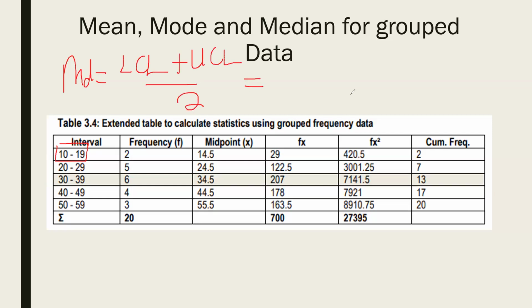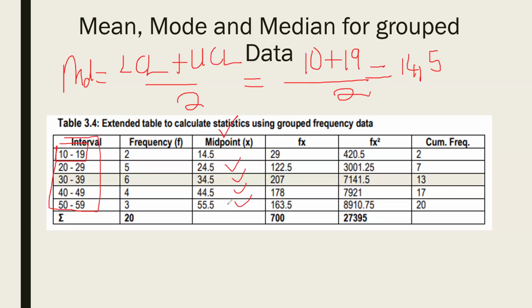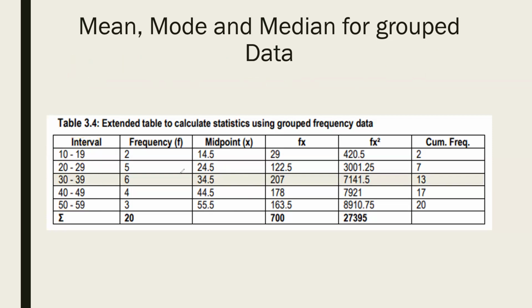For the first class, you say 10 plus 19, divide by 2, and you get 14.5. That's why it's called midpoint. So you are adding these two and dividing by 2. If you do this for all of them, this is what you get. I don't have time for that, but if you go and check, that's how they calculated them.